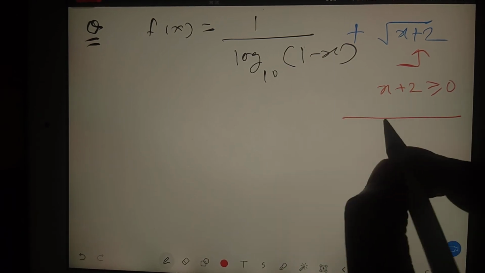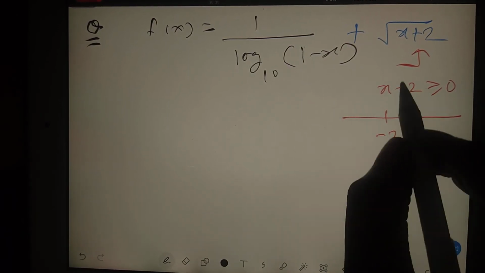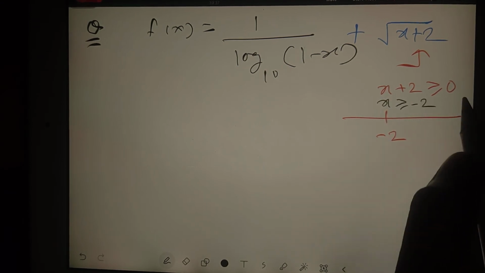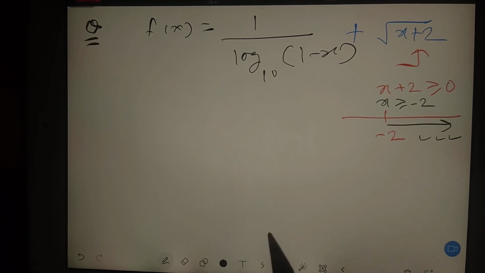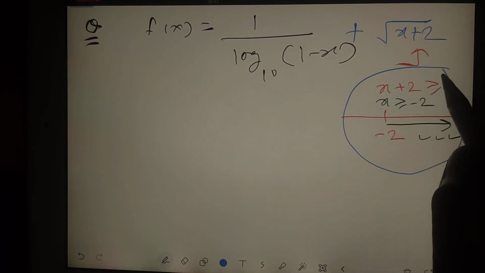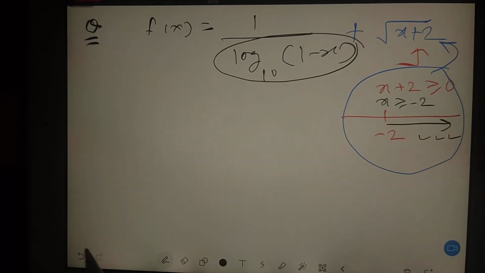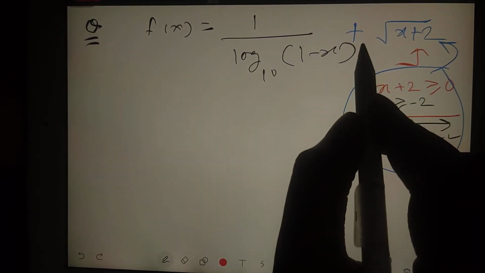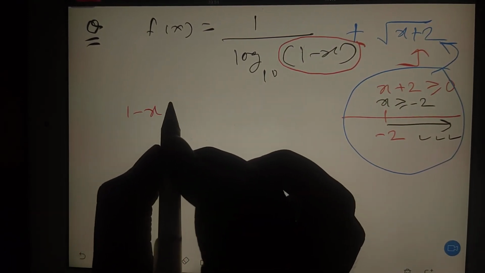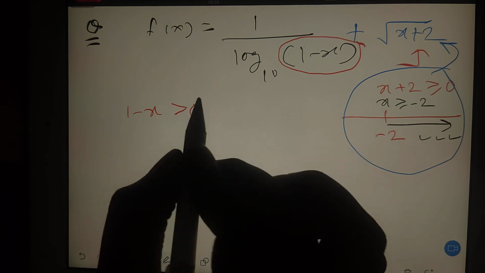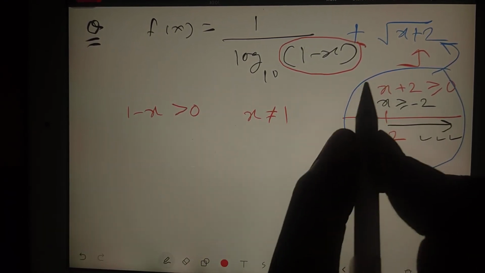It means on the number line, if you have minus 2 as your critical point, so this x should be more than or equal to minus 2. So from minus 2 you go this side, all the values are valid as your domain. So this we are getting from this part, but this part is also giving me some answer. This 1 minus x should be greater than 0, and one more concept is there. x should never be equal to 1. Why?